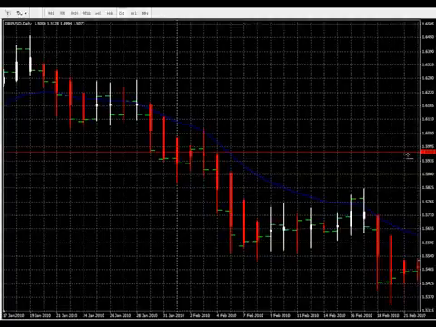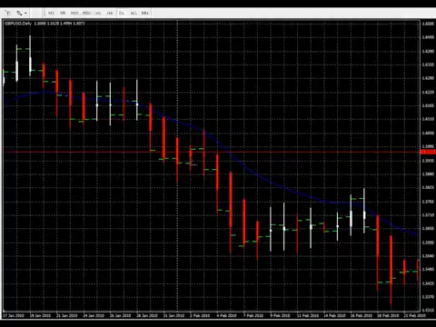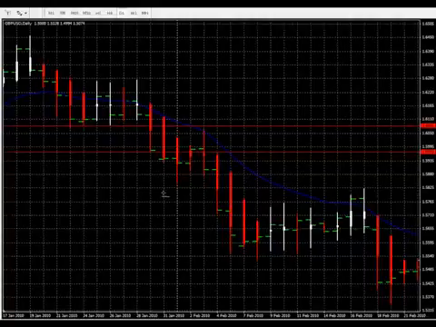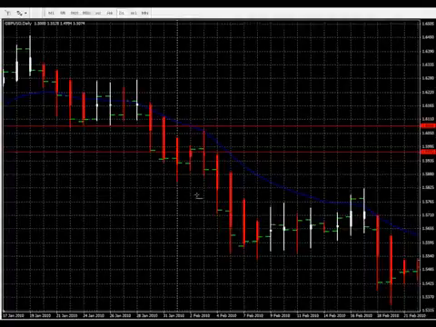Our entry point here is 1.5972. So we would have used a stop loss 100 pips behind that, at about 1.6072, about that point there. And then we would have set a take profit level 200 pips ahead to 1.5772. So that would be at about this point here. Not quite exact, but pretty close.